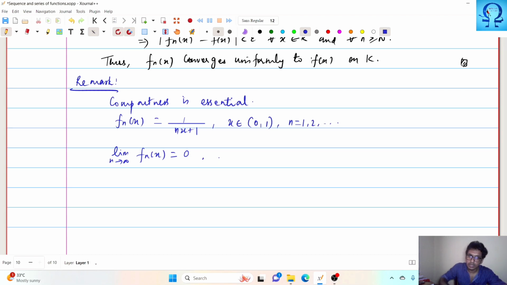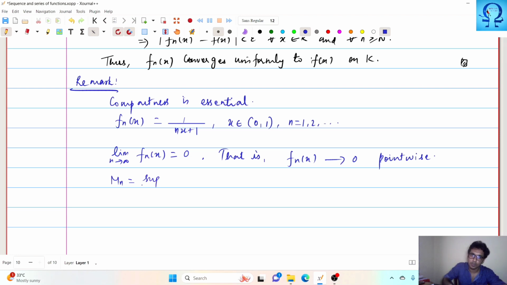That is, fn of x converges to 0 pointwise. Okay, now is the convergence uniform? Now let us see what is Mn.